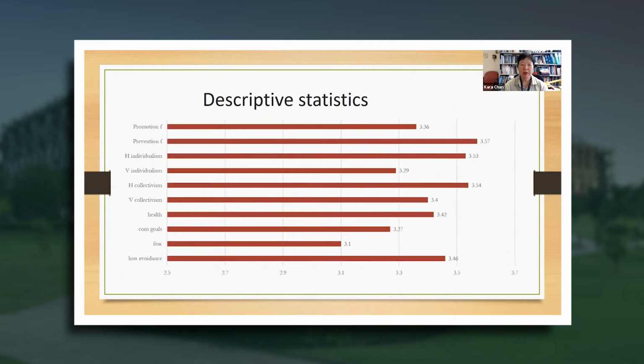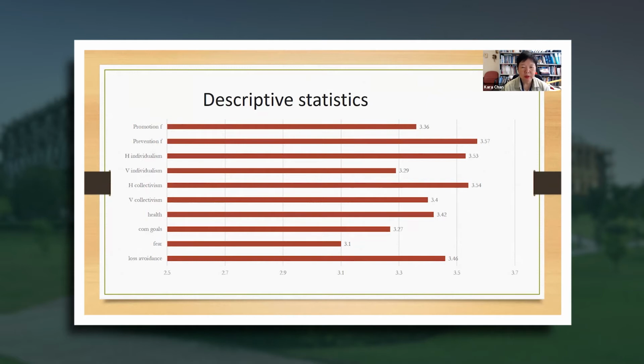So these are the descriptive statistics on a 5-point scale. For the first two, promotion focus and prevention focus, the students are more likely to endorse prevention focus. Then individualism: horizontal individualism is high.